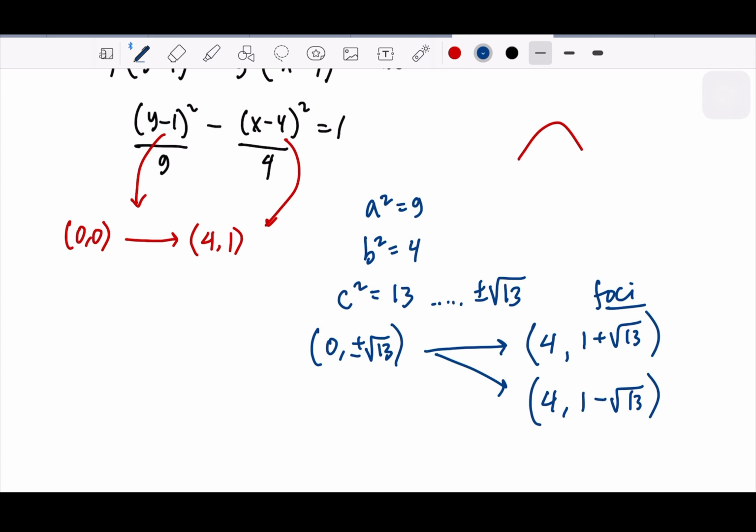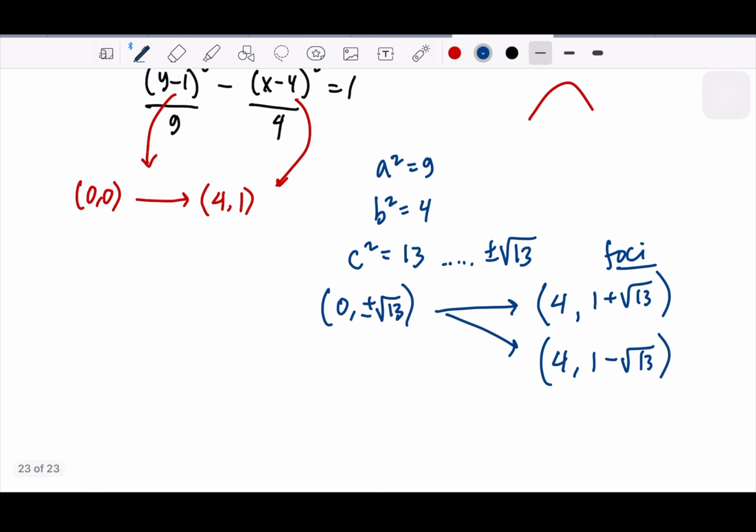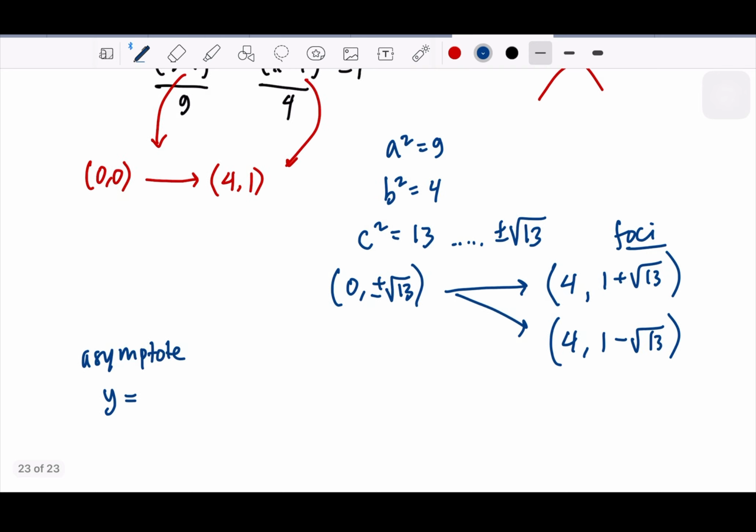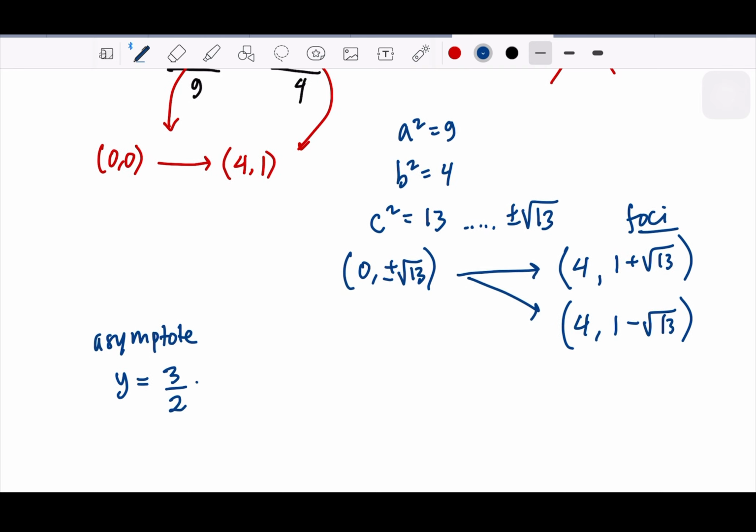Like for example, the asymptote. Usually, this is just plus minus 3 over 2 x, right? Originally, it is centered at 0, 0. Since we are now at 4, 1, what we are going to do is change the y and x.